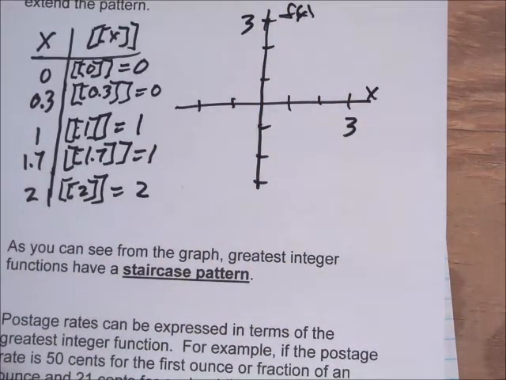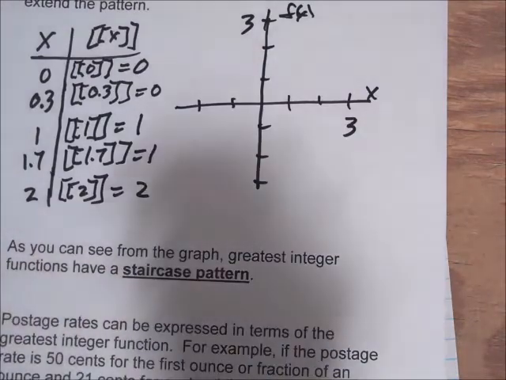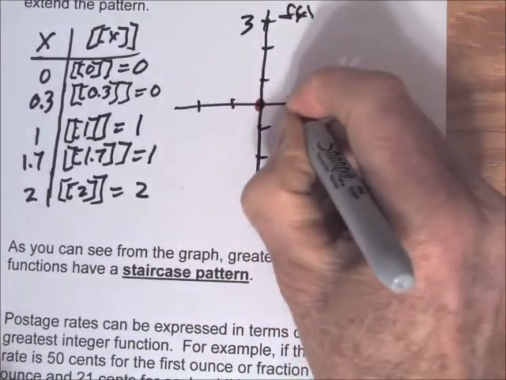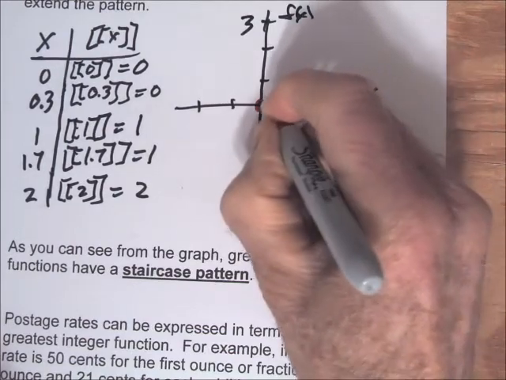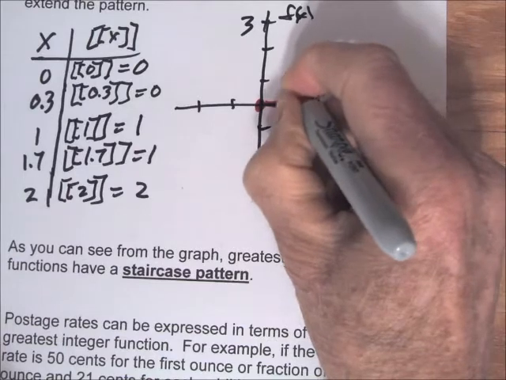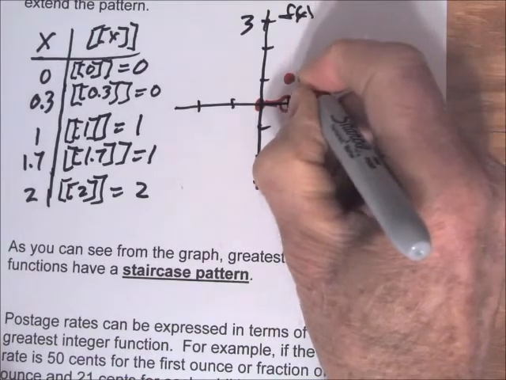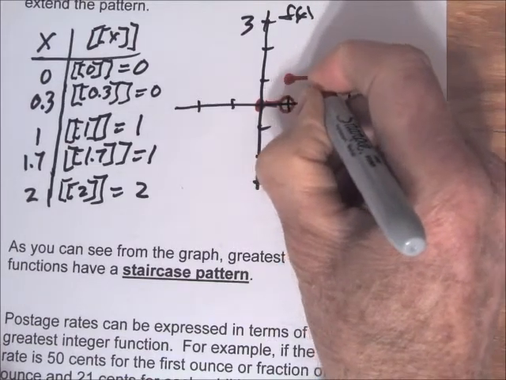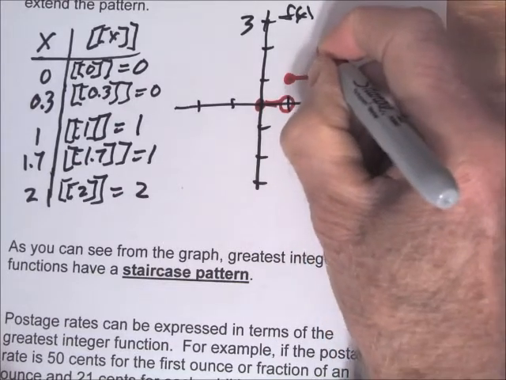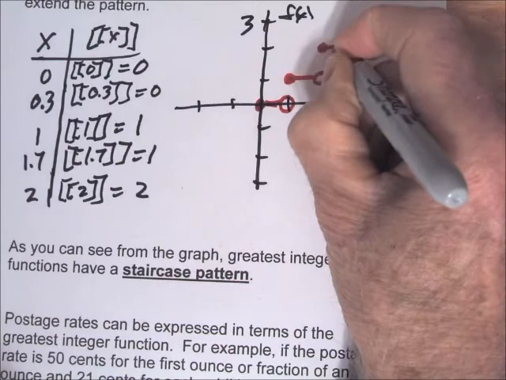Okay, so we have 0, and 0 point anything is 0. So I'm going to put an open circle here, and then as soon as we get to 1, it's going to jump up to 1. And then f of 1 point anything is 1. And I'll put an open circle there. As soon as we get to 2, the value jumps up to 2. So I think that's enough to see the pattern.